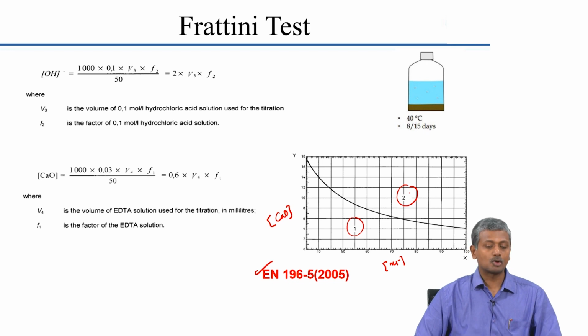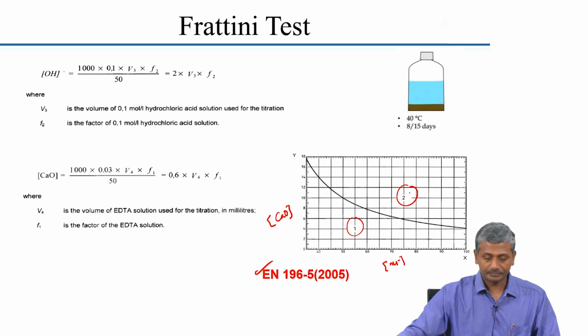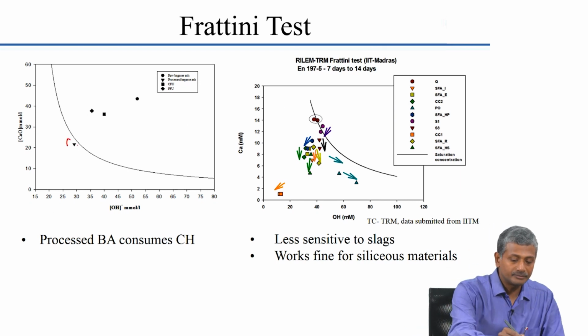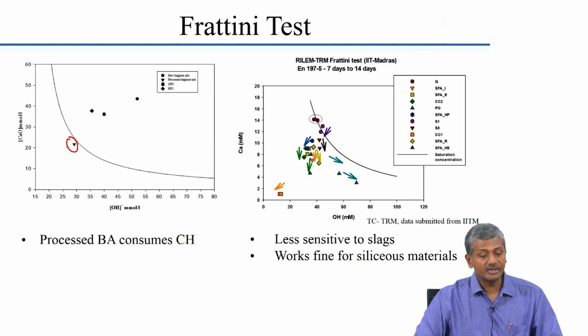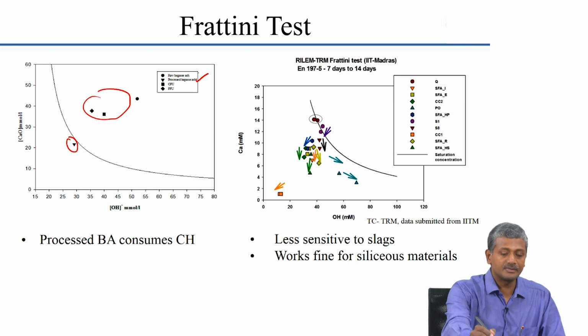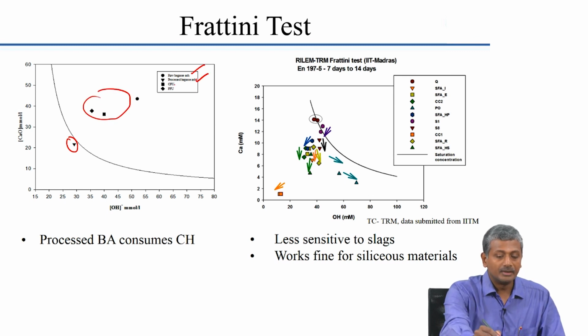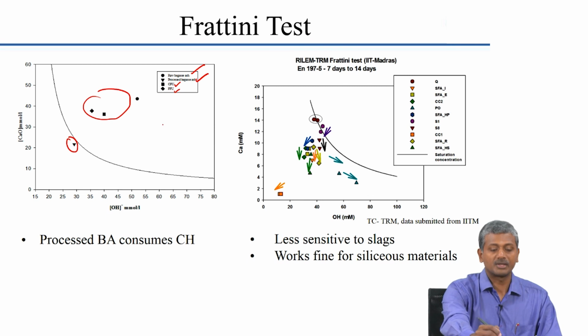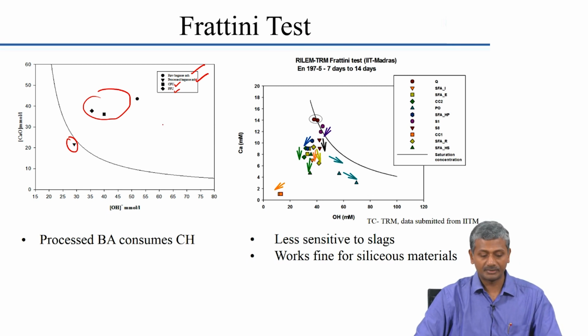This curve is basically the solubility curve of calcium hydroxide, and the points that are lying below the curve depict the points that are suitable to be used as pozzolanic systems. So, that is processed bagasse ash here, whereas the other three systems, raw bagasse ash, the coarse fibrous and fine fibrous particles which were removed from the bagasse ash before you do the processing, are producing pozzolanic activity that is not sufficient.